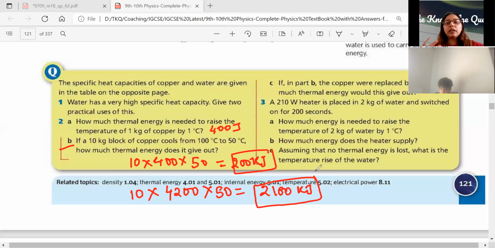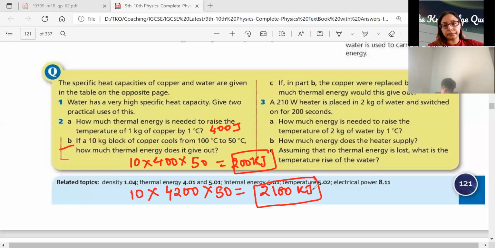Other things will cool down very quickly or become hot very quickly. But water will take time to get heated up, and it will take time to lose that heat also. So you understand what is the reason behind the specific heat capacity, right? You can see almost 10 times heat is being given out by water.